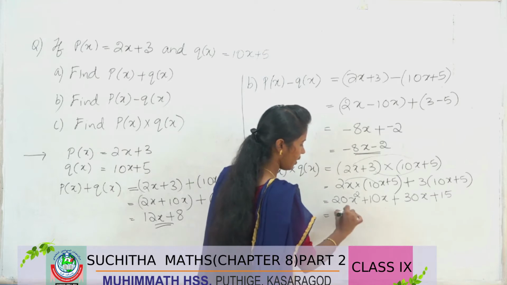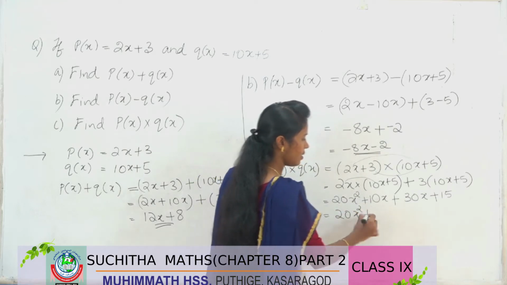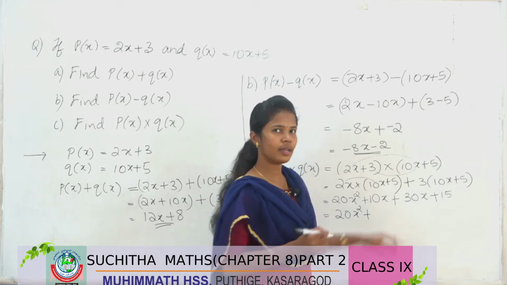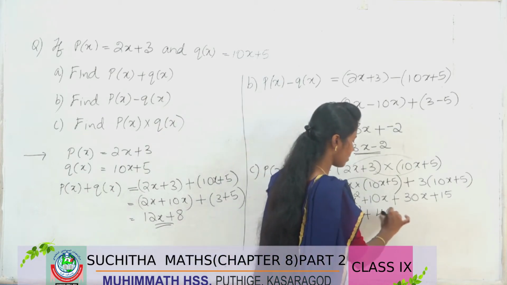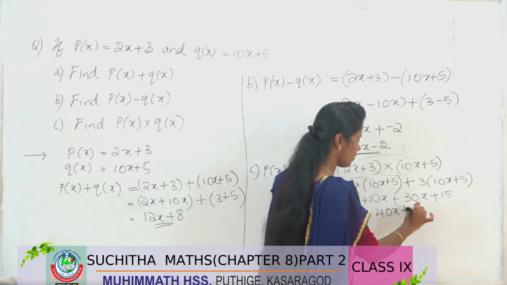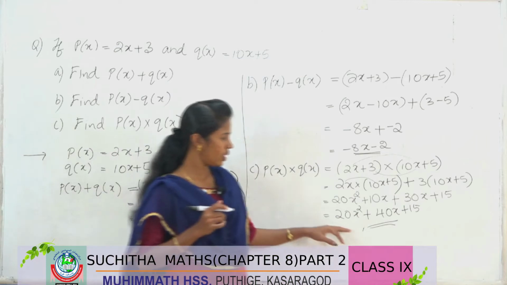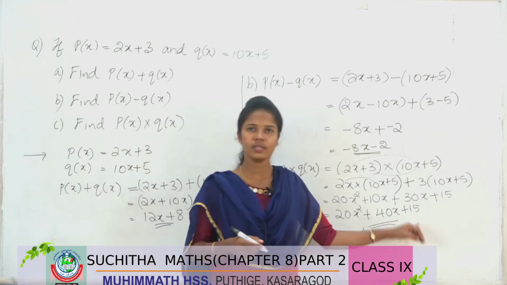That is 20x square plus 10x plus 30x. 10x plus 30x is 40x, plus 15. So P of x into Q of x is 20x square plus 40x plus 15.